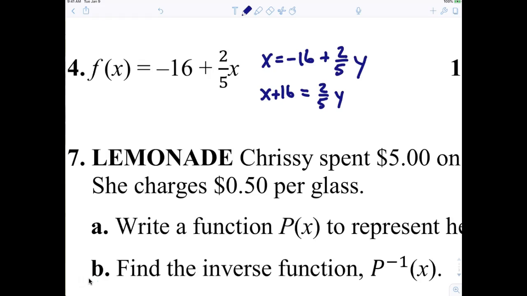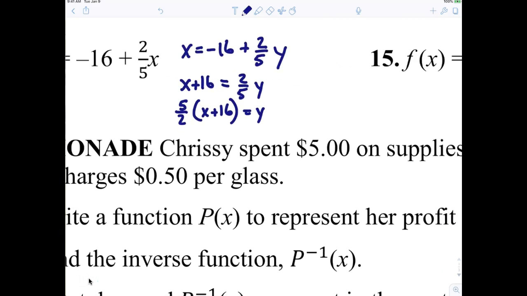So far, so good. And now multiply by the reciprocal. 5/2 times x plus 16 equals y. So f inverse of x. Are you feeling good about that? It's not hard. Switch the x and y and solve for y.